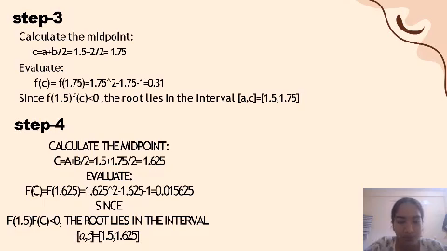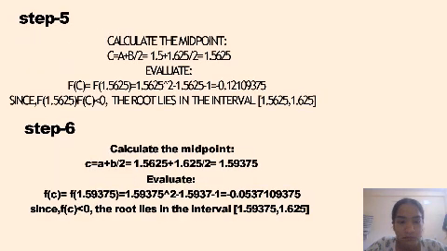Iteration 1, that is c = 1.5, f(1.5) = -0.25. That means the root lies between 1.5 and 2.